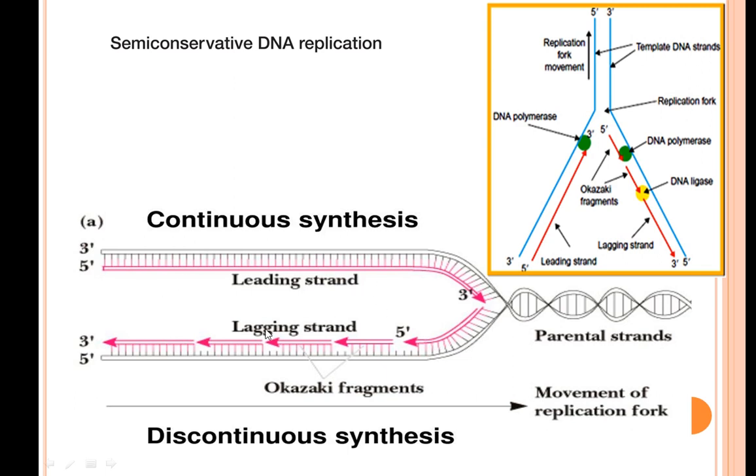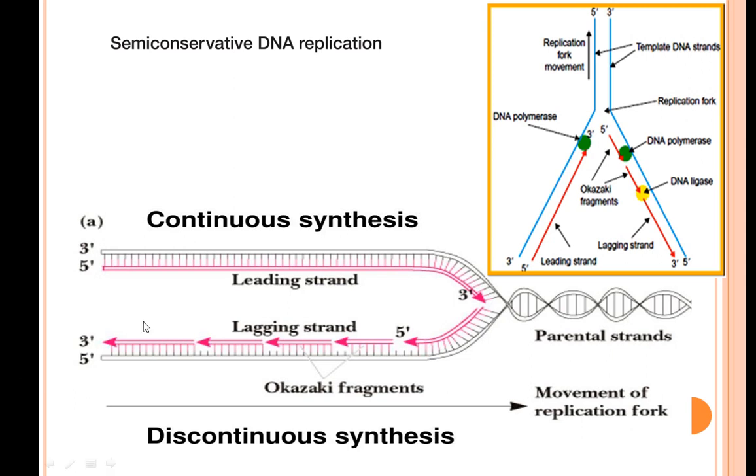Thus the new or daughter DNA formed would be made up of one old or parental strand and the other newly formed complementary strand. And this method of formation of a new daughter DNA molecule is called the semi-conservative mode of replication.